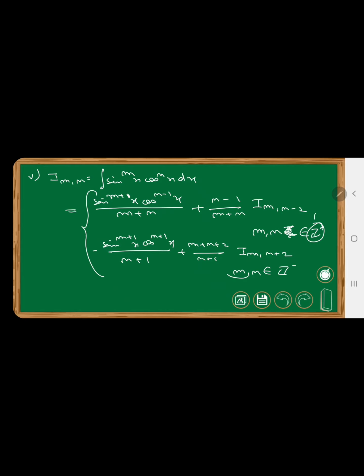Okay, moving on to number 6. You have I_n as the integral of cot^n x dx, which is given as minus cot^(n-1)x over (n-1) minus I_(n-2).